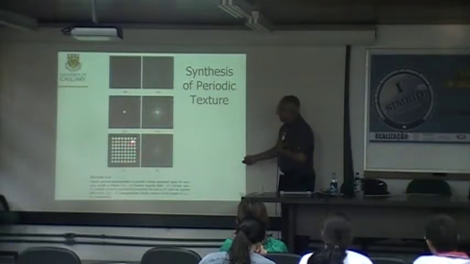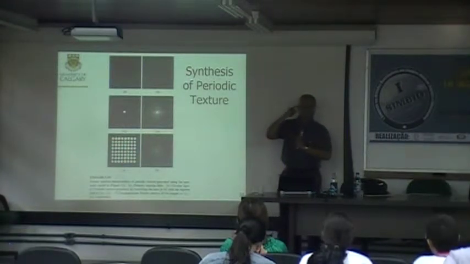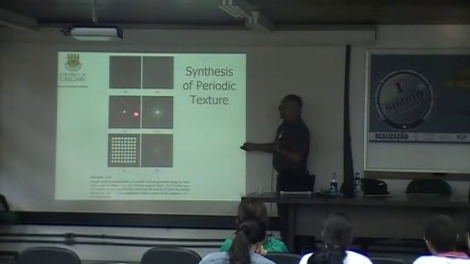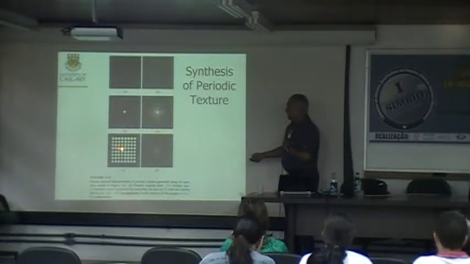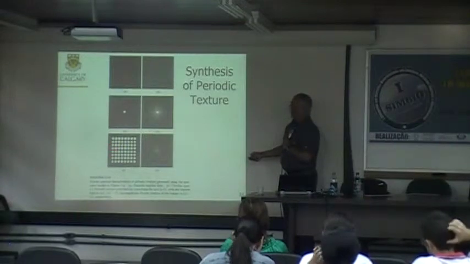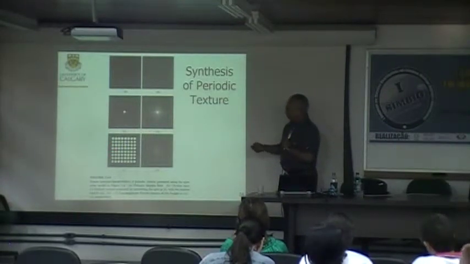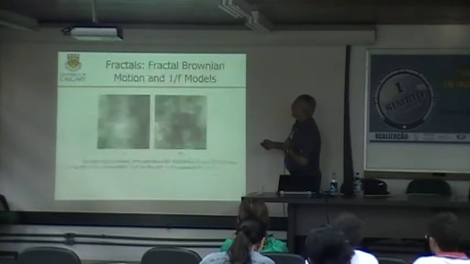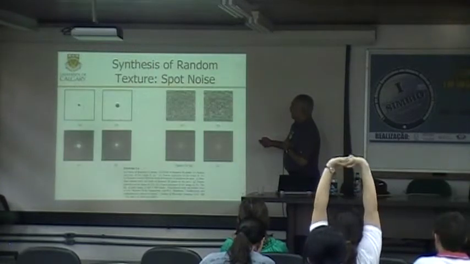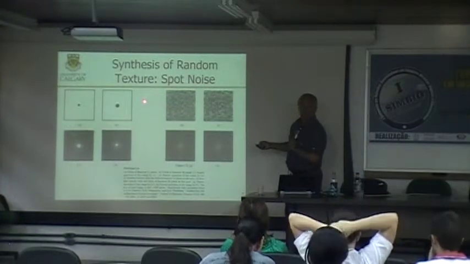This is ordered texture. I showed random texture earlier for the same texture element. So this is ordered texture using the same spot noise model, whereas previously we had random texture. Same input.